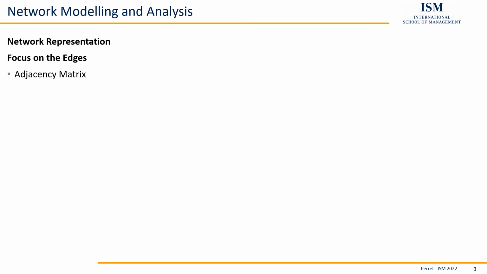Here I have columns and rows, and if there is a link from node i to node j, then the entry ij, so the element of the matrix at position ij, contains either the weight of this relationship, or a 1 if there is a relationship, or a 0 if there is none. That's a classical way.